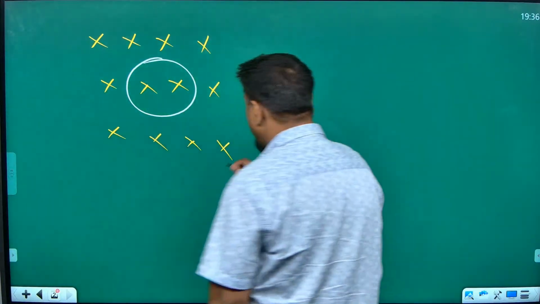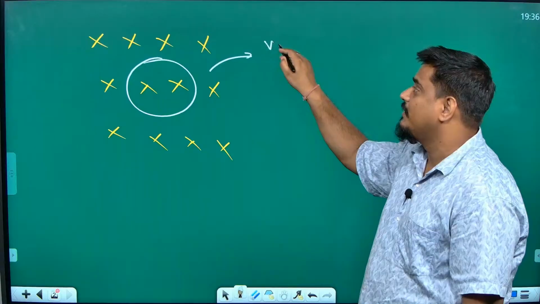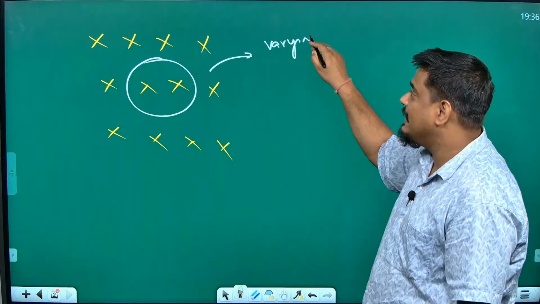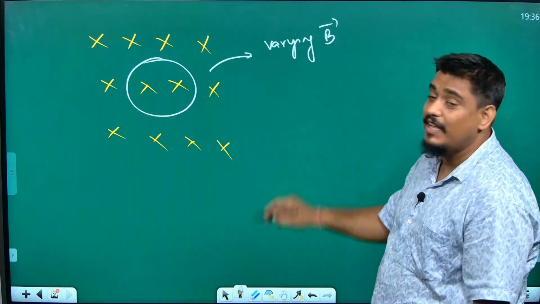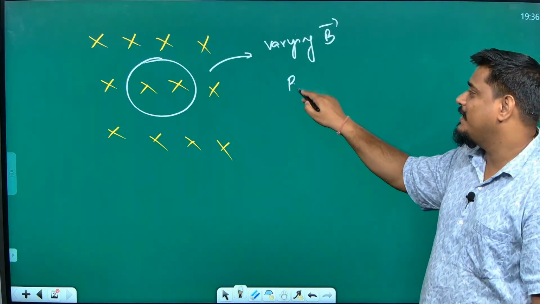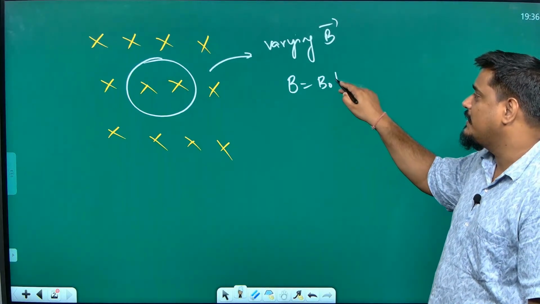The magnetic field is a varying magnetic field, given by the equation B is equal to B naught into t square.